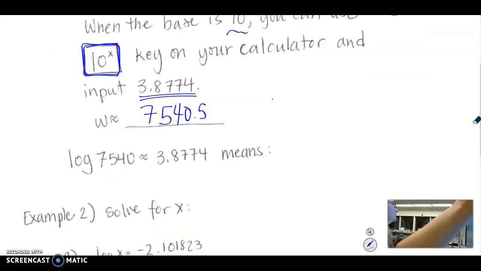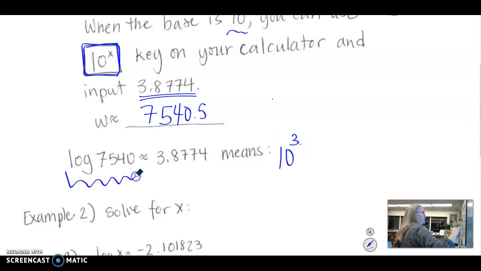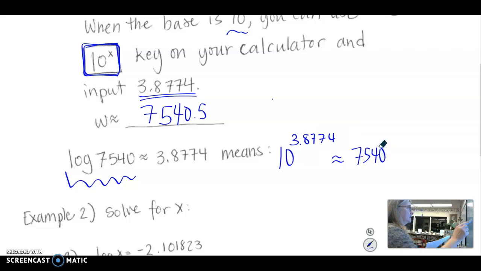All right, so log of 7,540 means 10 to this power is equal to 7,540. So a logarithm equals the exponent.